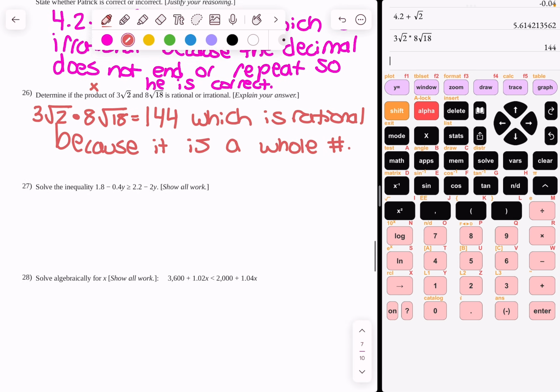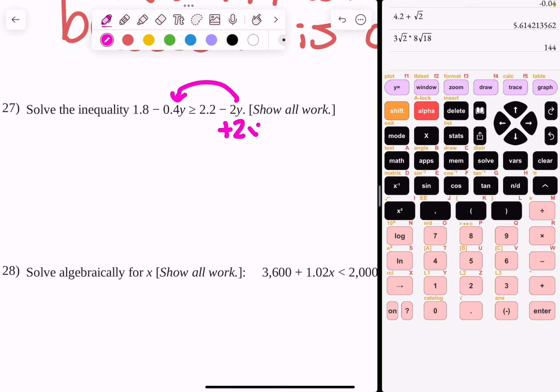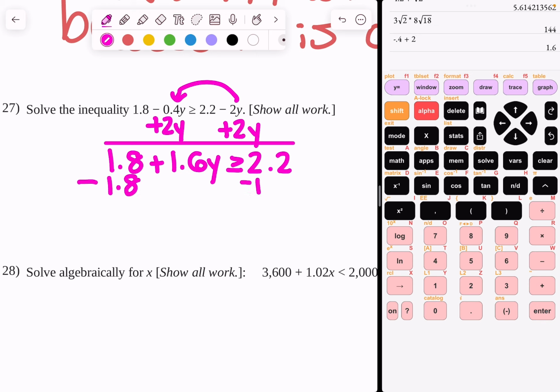All right, now let's get some review solving inequalities. Remember, we always like to bring our variable to the left side. So I'm going to add to y. I would end up getting negative 0.4 plus 2 is 1.6y, which is greater than or equal to 2.2. Now I want to bring my constant to the right side, so I'm going to subtract 1.8.